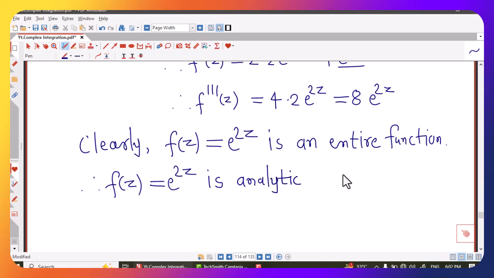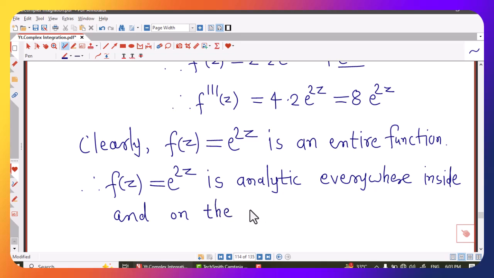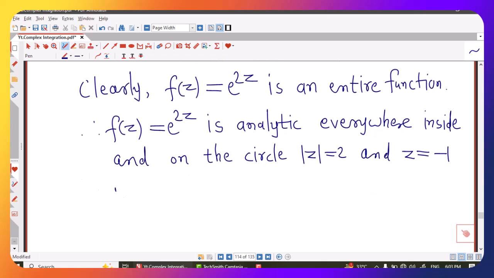So therefore f of z equal to e raised to 2z is analytic everywhere inside and on this circle, which is simple closed contour, mod z equal to 2, and z equal to minus 1 is interior to this circle.